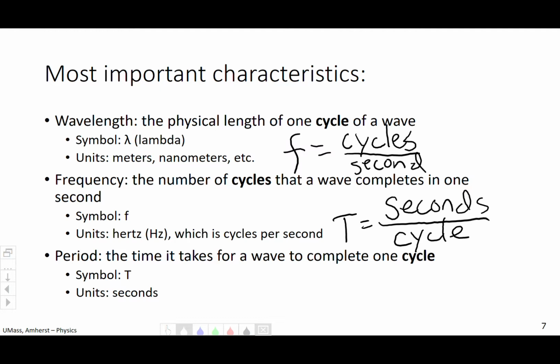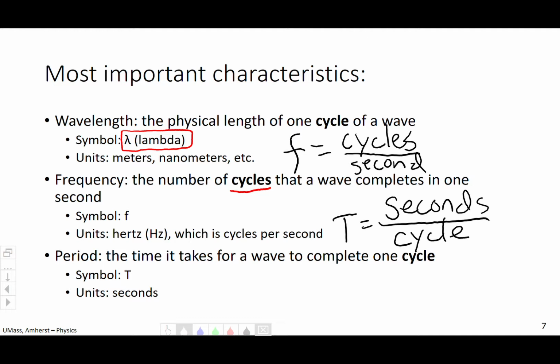Okay, the most important characteristic of a wave, like we said, is the wavelength, the physical length of one cycle of a wave. We use the Greek letter lambda to represent the wavelength, and it's in units of distance, so meters, nanometers, etc. Frequency is the number of cycles that a wave completes in 1 second.